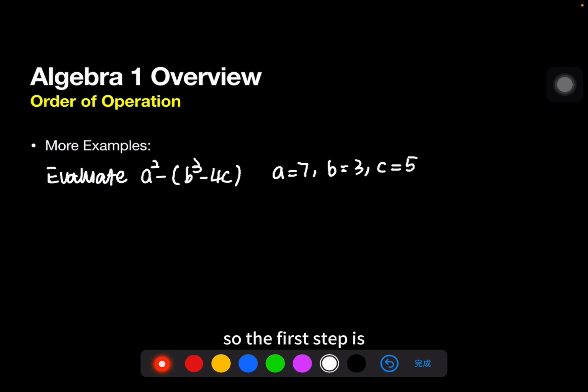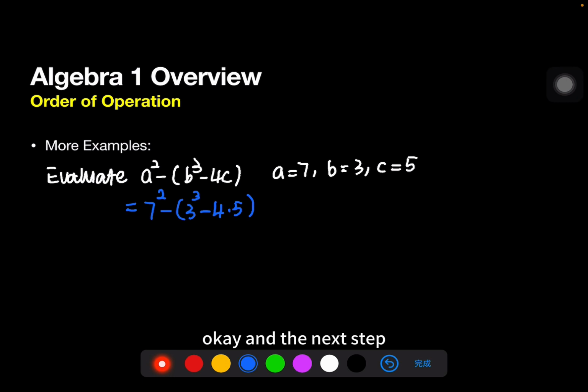So the first step is we replace all the variables with their values. So it will be a is equal to 7, so 7 squared minus b is equal to 3, so 3 cubed minus 4 times 5. So 5 is the value of c here.